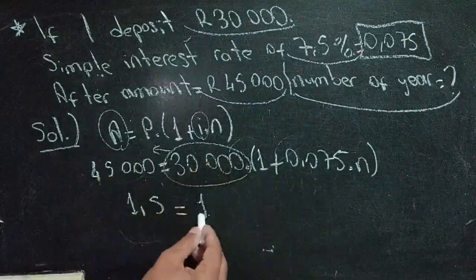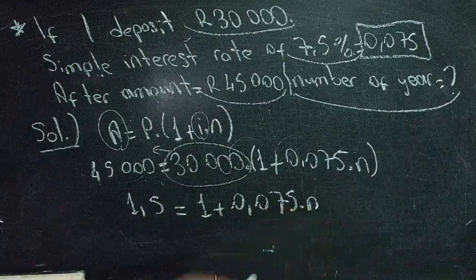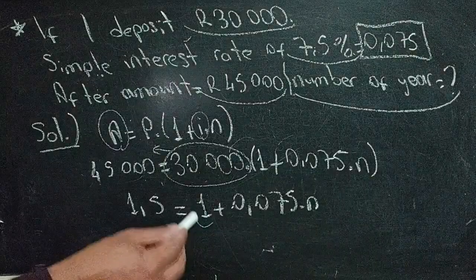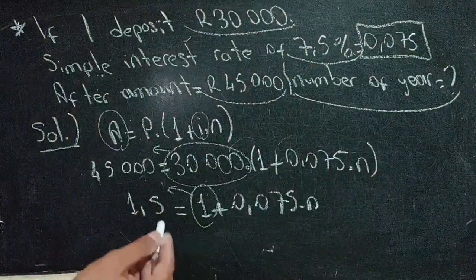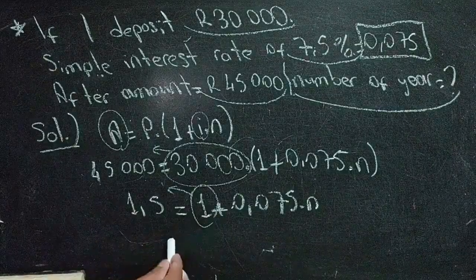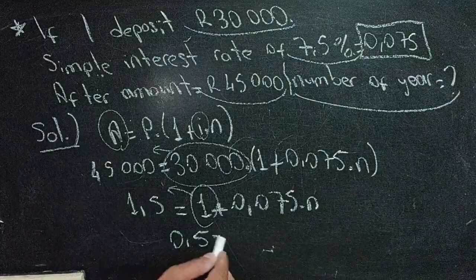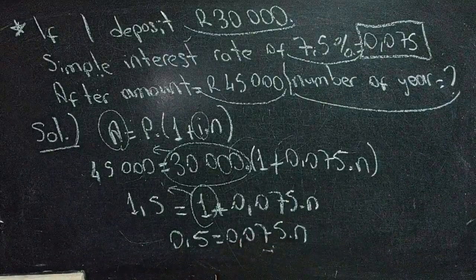Equals to 1 plus 0,075 times n. Now this will go to the other side as subtraction because addition. 1,5 minus 1 will give you 0,5 equals to 0,075 times n.